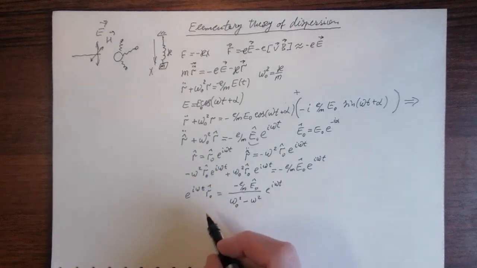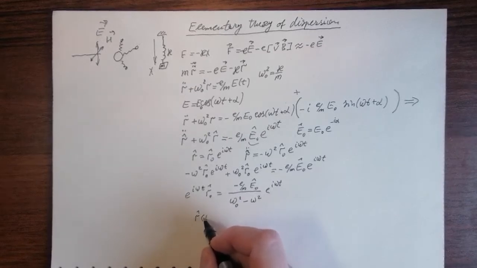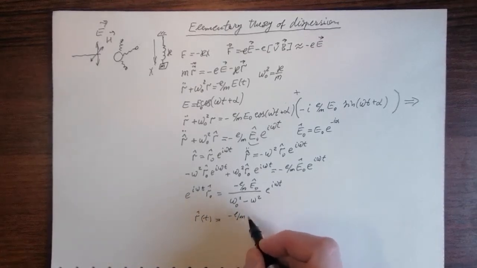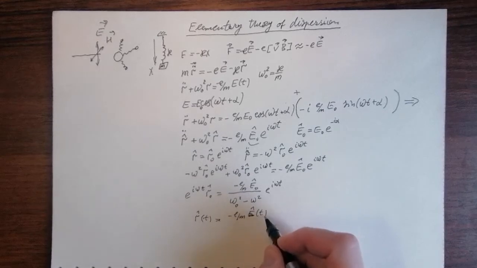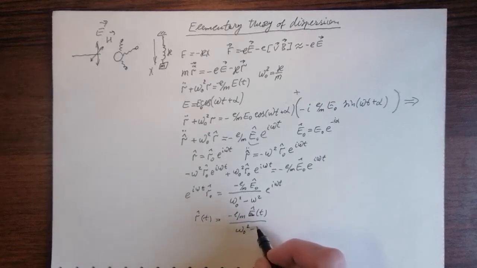So we can write r complex. So we can arrive at the equation that r complex of t is minus e over m, E complex of t, over omega 0 squared minus omega squared.